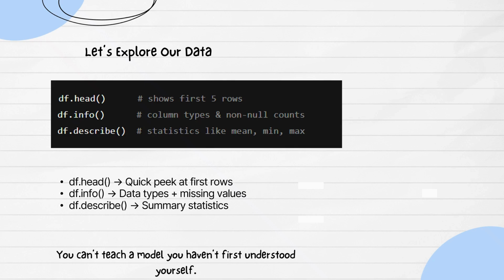Dot info tells us what kind of value each column holds, which is number, string, or missing entries. Dot describe gives quick statistics like average and ranges. This is how you get to know your data before you trust it.